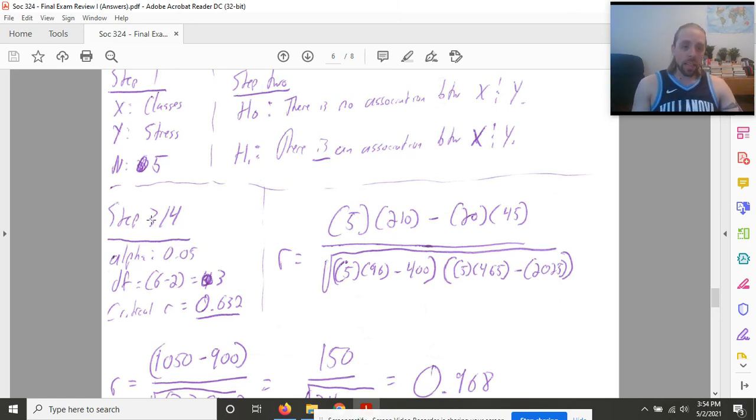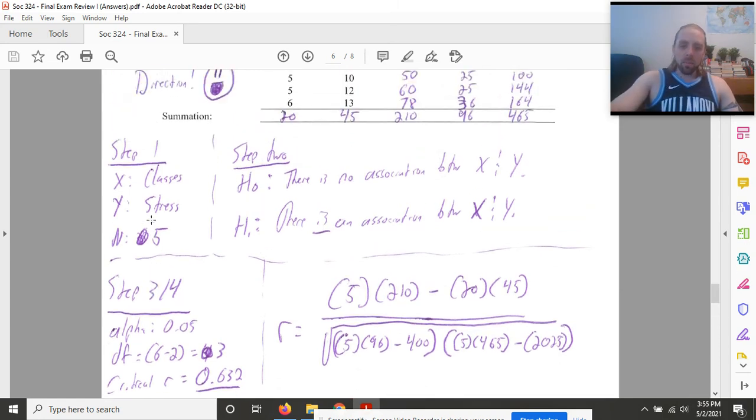The critical R here is 0.632. Because this is a two-tailed test, I will reject the null hypothesis if my value is greater than 0.632 or less than -0.632.